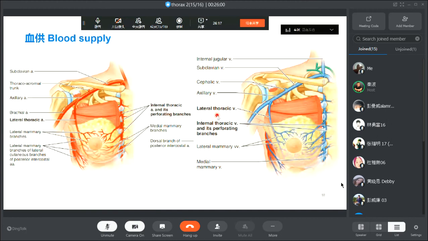And in the last class, I also introduced the breast blood supply. Do you know it?